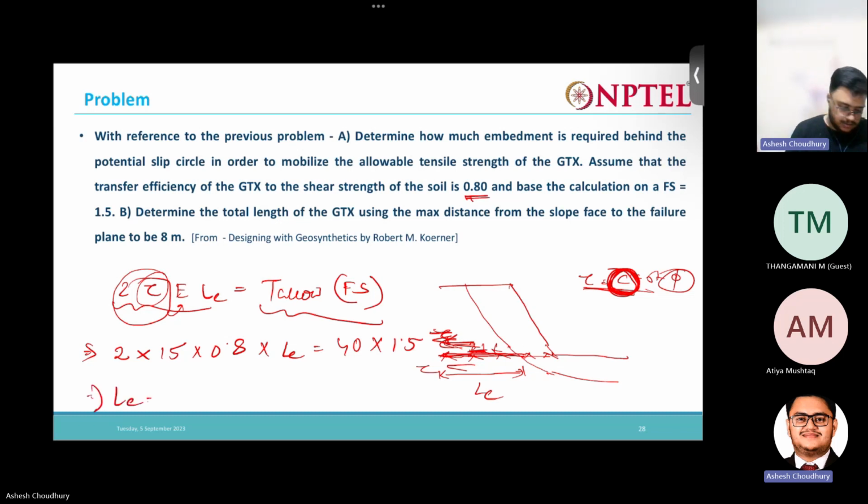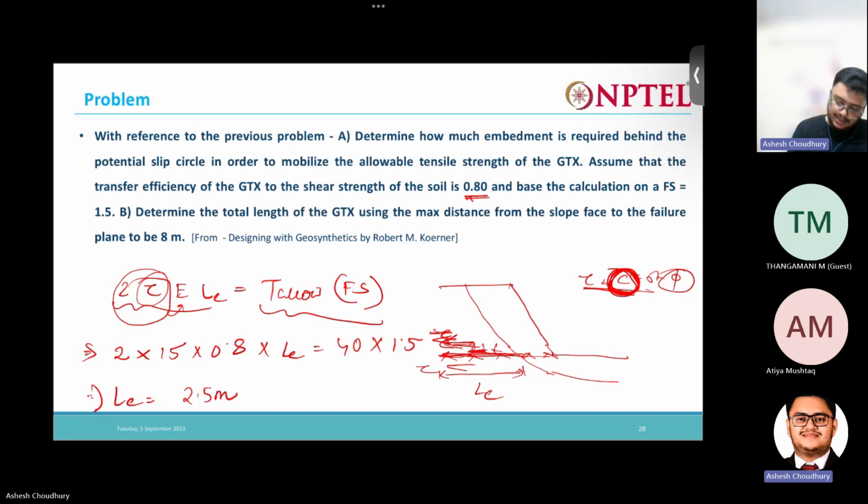Let's calculate. 1.5 divided by 2. All right, 2.5 meter is LE.